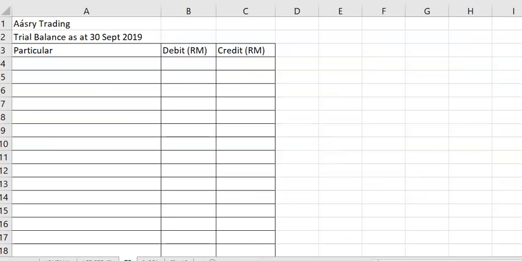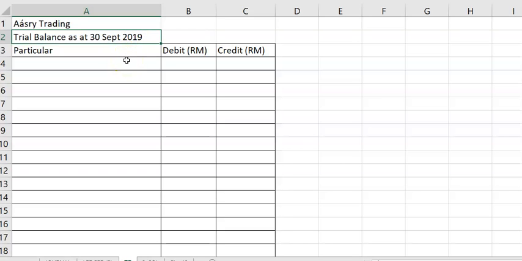Now let's have a look at the format of the trial balance. The first thing is the name of the company, and then the words trial balance as at 31st September, and the year of that transaction must be complete, the title.